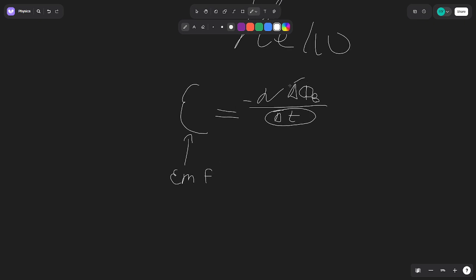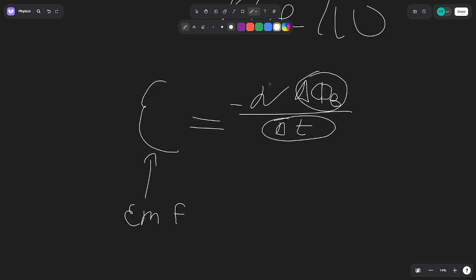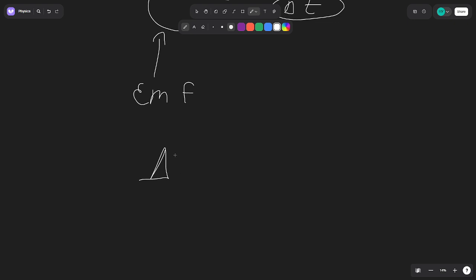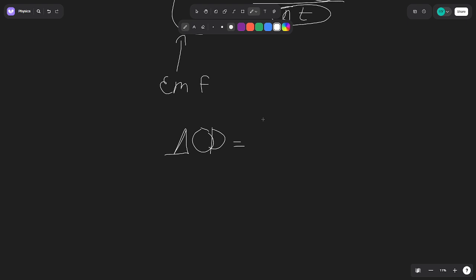And what is this stuff? All right, we got an EMF, we got a time, we got the amount of loops. What is this stuff? Change in magnetic flux is basically estimated by this formula.